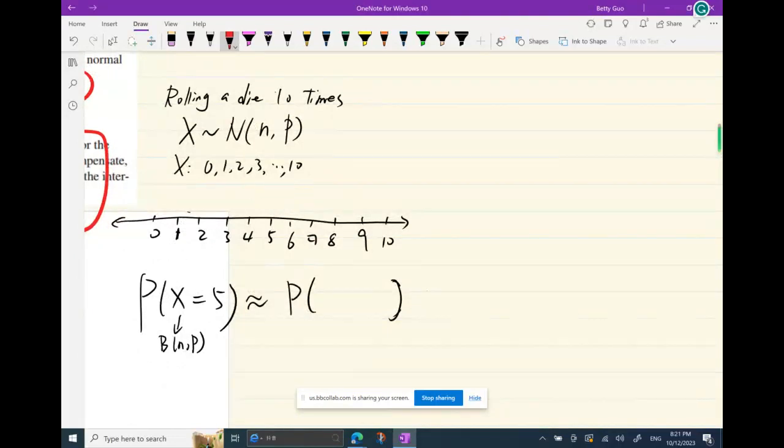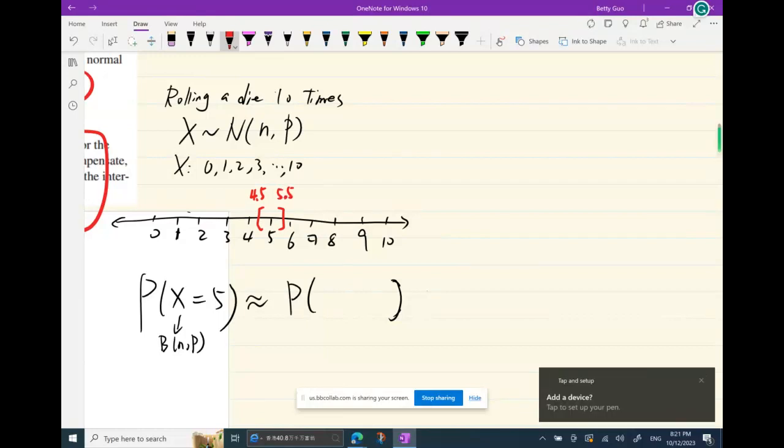We're going to construct an interval from 4.5 to 5.5. So x here, now a normally distributed variable, is bigger than or equal to 4.5 and less than or equal to 5.5.